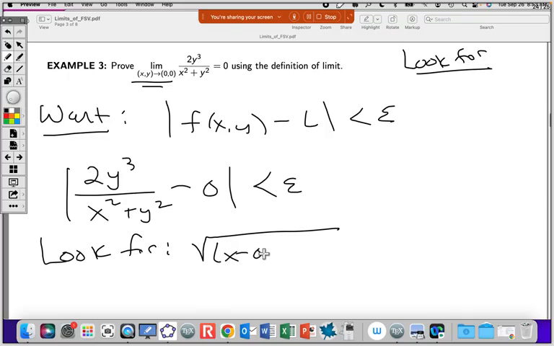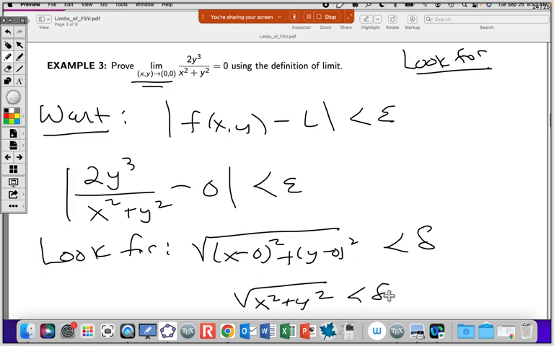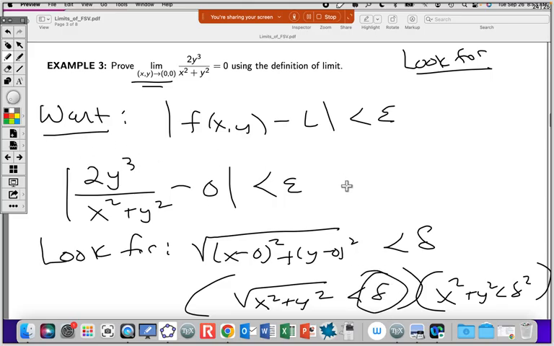In this case, we're looking for x squared plus y squared to show up to help us figure out what our delta is. So we're going to start with this inequality, and we're going to do some algebra and see if we can get this stuff to pop out.